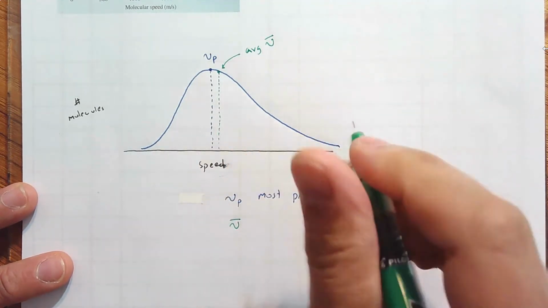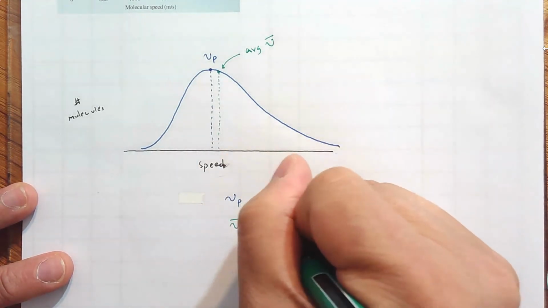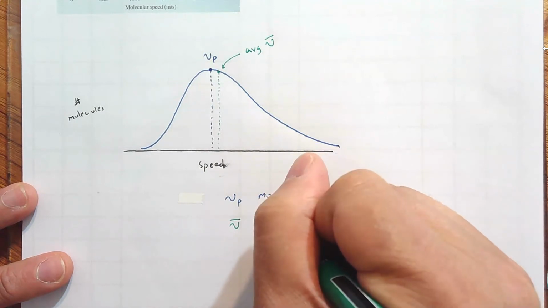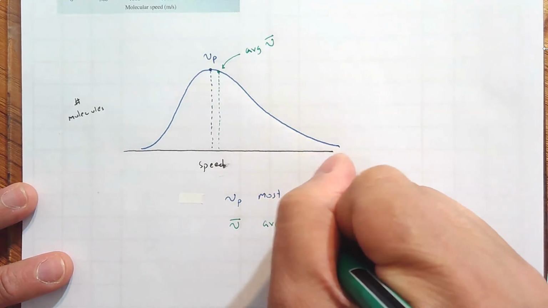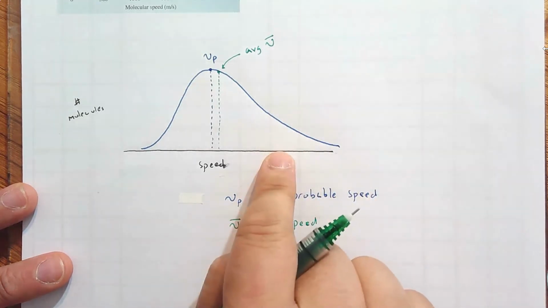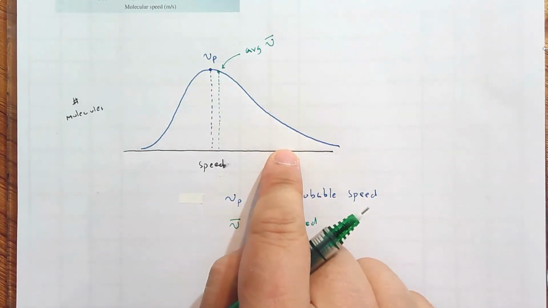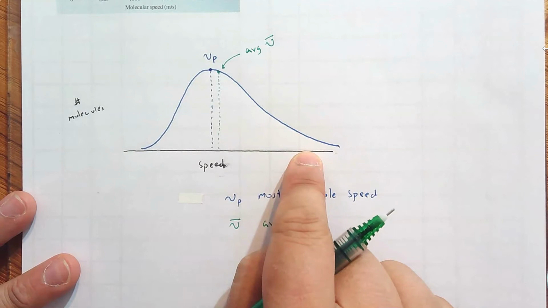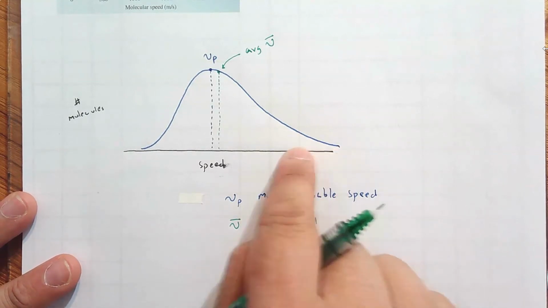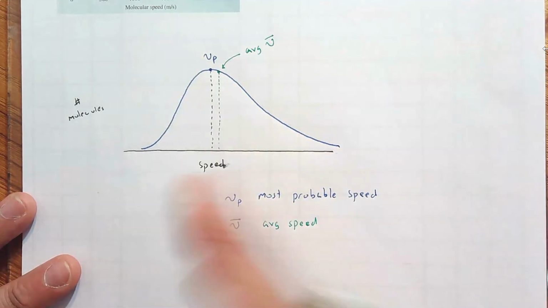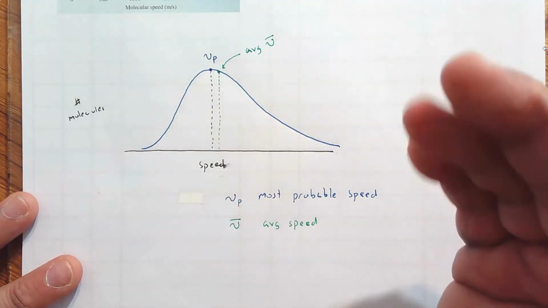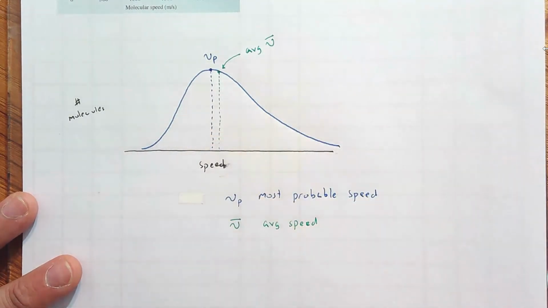So V average, average speed. That makes sense because, like I said, it's not symmetrical, and you have some of these molecules that are going really, really fast in this tail. So that kind of shifts the speed to the right.